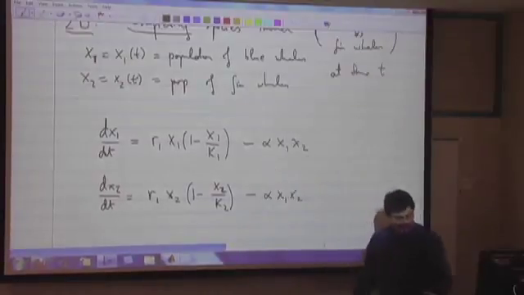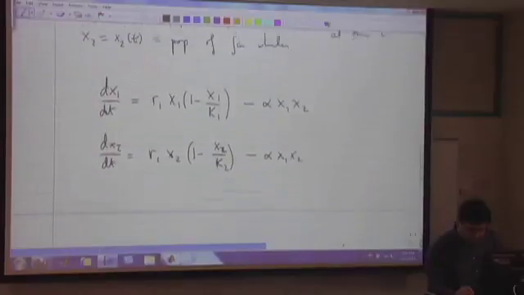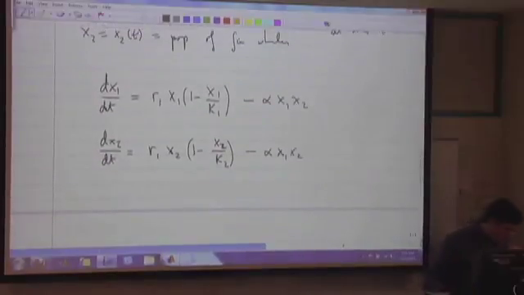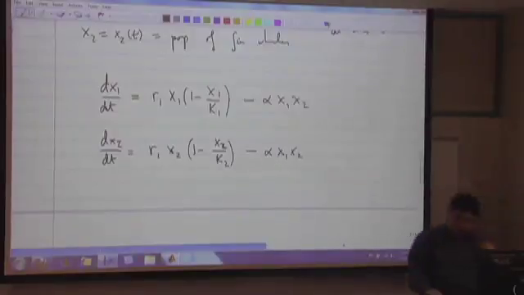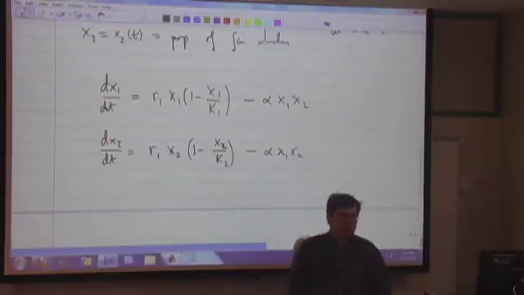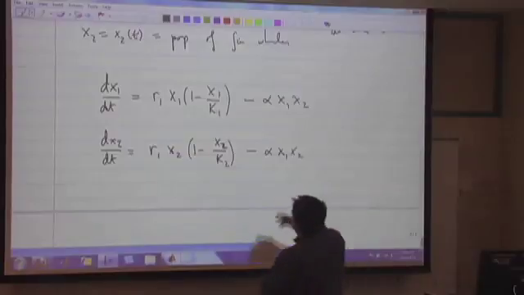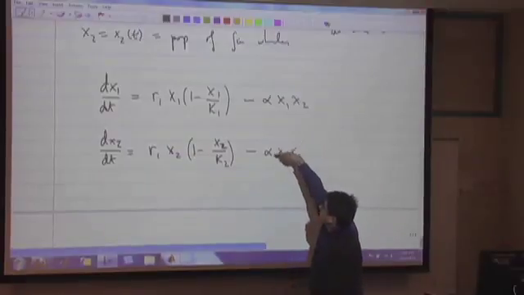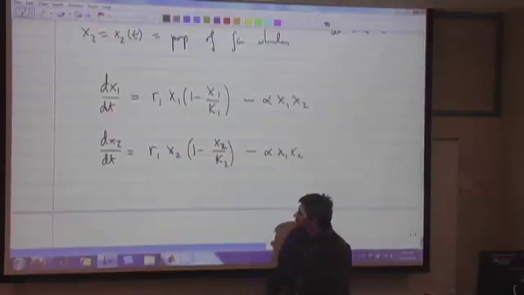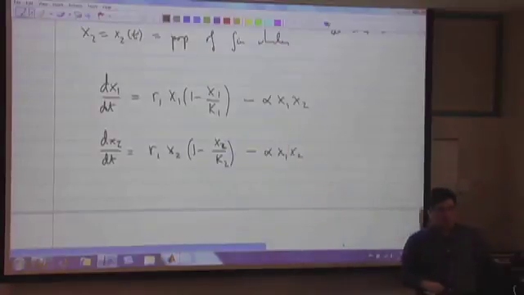Setting it up is not different, but the dynamics could be quite different. Here we're just going to use this simplistic model, and even the fact that we use the same constant can be debated. The constant of proportionality for this competition term doesn't have to be the same. It could have different ones.